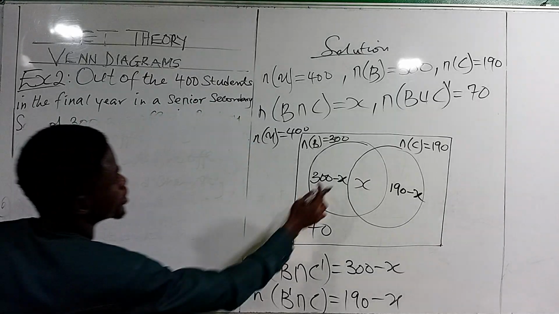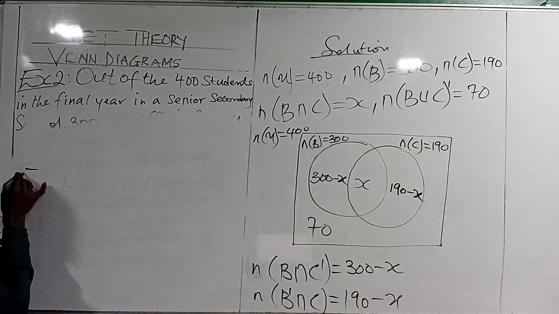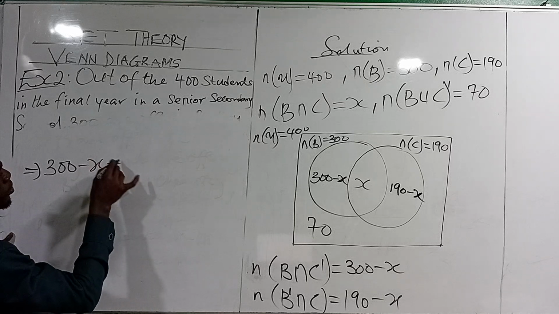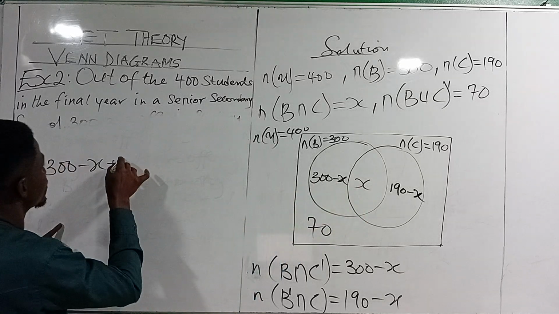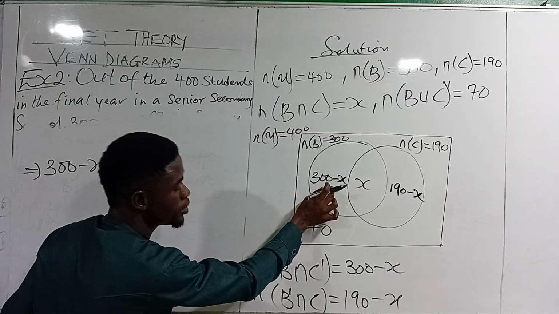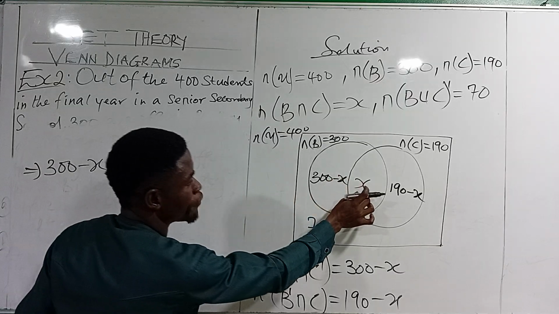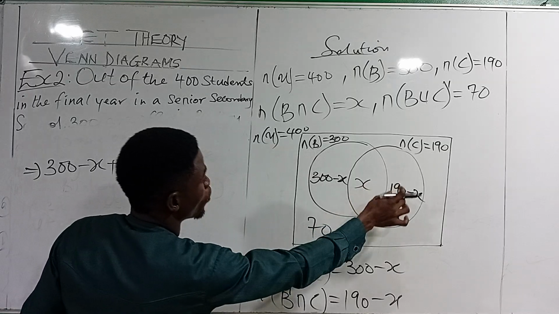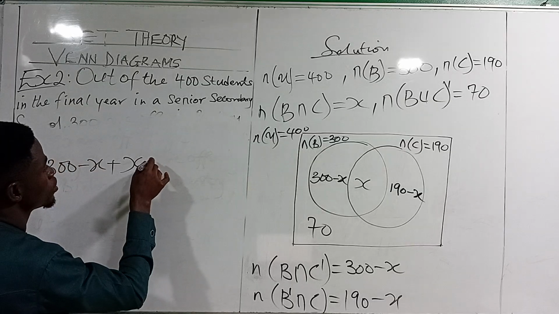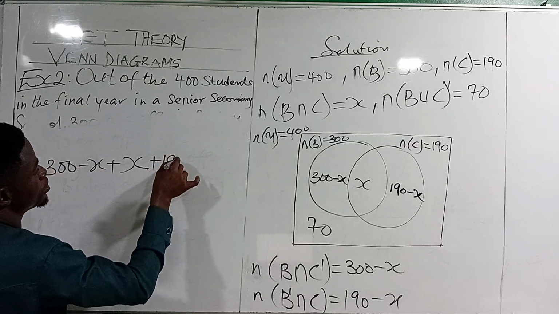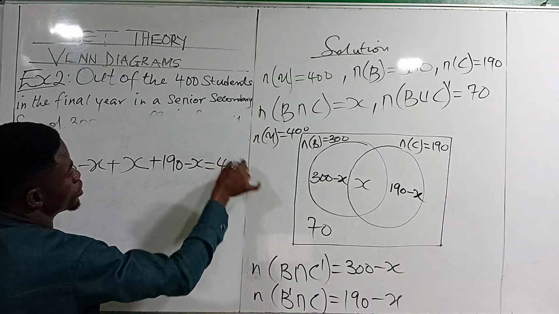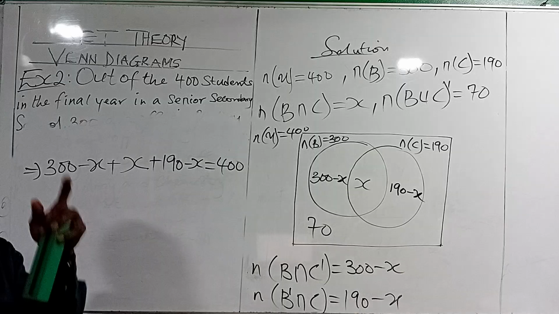So when we add the regions together, we have 300 minus X plus X, that is those who offer biology only plus those who offer both subjects, then plus those who offer chemistry only, 190 minus X, which equals the number of the students in that secondary school, 400.